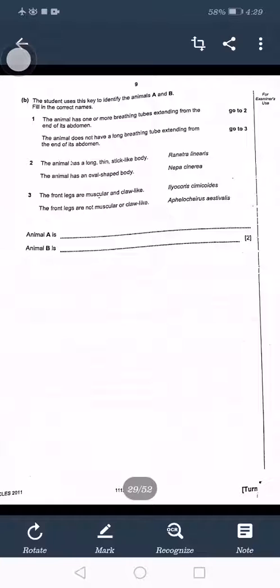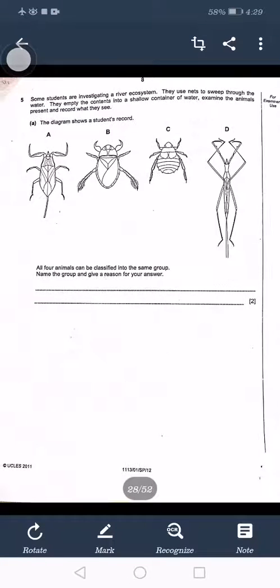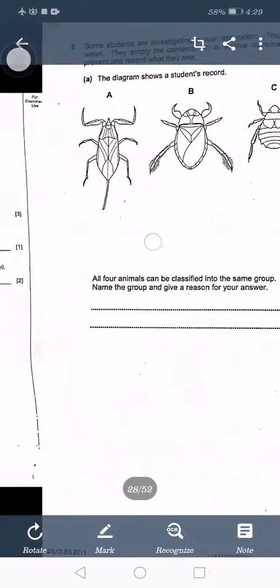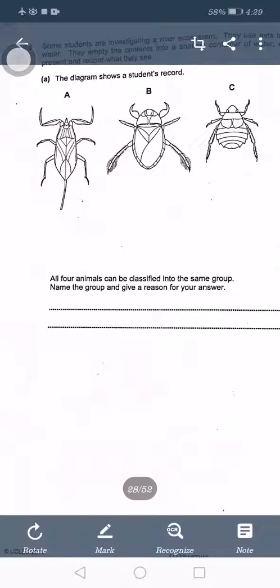اوكي يا ولادي. طيب تعالوا نشوف هنا ايه بقى. The student use this key to identify the animals A and B. Fill in the correct names. The animal has one or more breathing tube extending from the end. خدوا بالكم هو عايز animals A و B. هرجع هنا عند drawing وهبص على A و B شكلهم عامل ازاي. اوكي يا ولادي have a look at them.